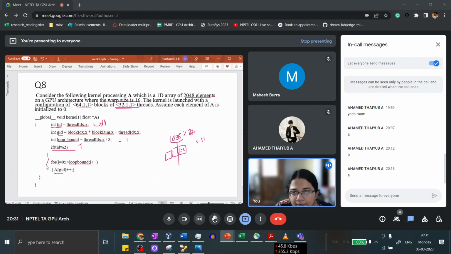So it will go into this branch, and for i equal to 0, i less than 1, i plus plus, there is going to be one increment, and since the initialization is 0, this first increment will make it 1. Now i will become 1, and i less than loop bound is no longer true, and it won't be incremented again. Therefore, the value of this element becomes 1.